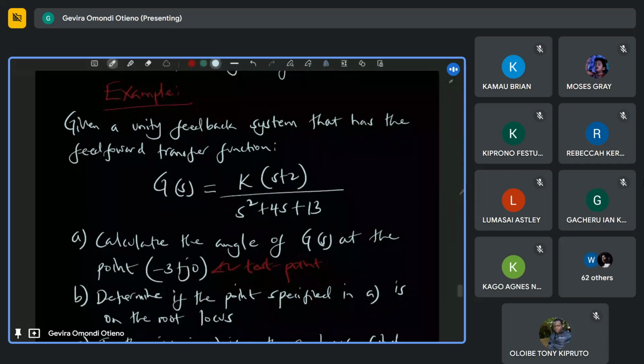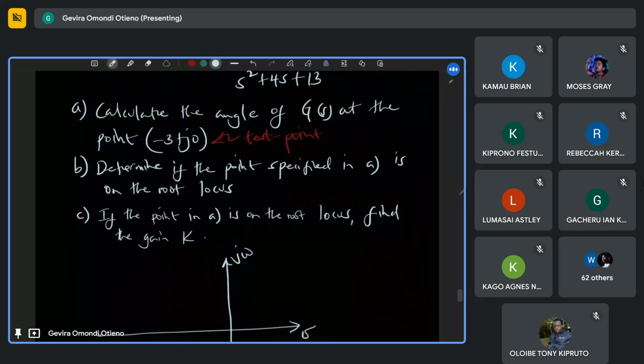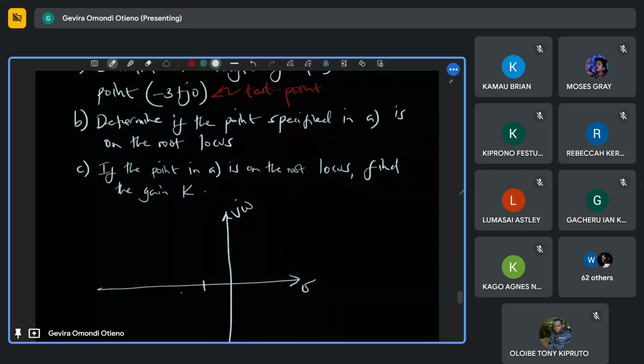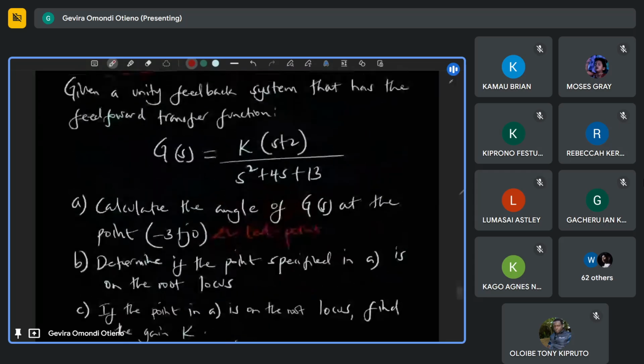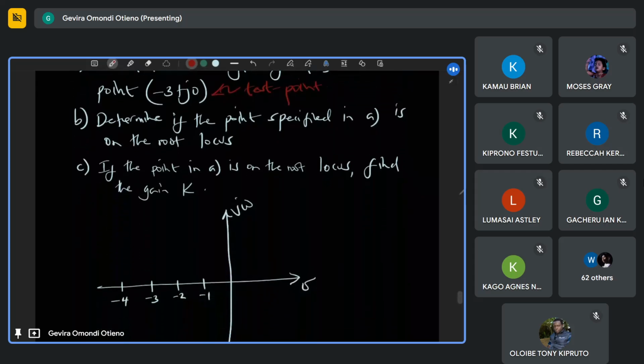Somebody tell me the roots of s squared plus 4s plus 13 equals 0. The 0 I know: it is at -2, so I draw a 0 at -2 on the axis marked -1, -2, -3, -4.